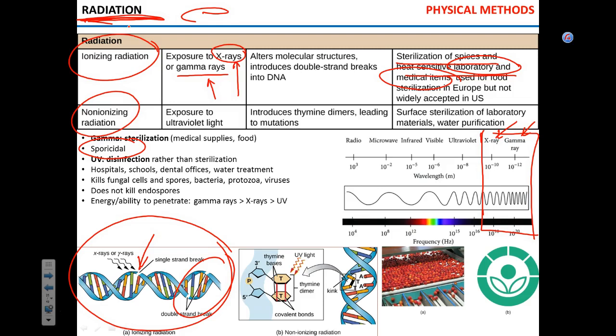Now, UV light, although it's disinfecting rather than sterilizing, is widely used for disinfection of medical surfaces, disinfection of surfaces in the food prep facilities, and for water disinfection. So water can be exposed to UV light in a flow manner. You know what I'm talking about?